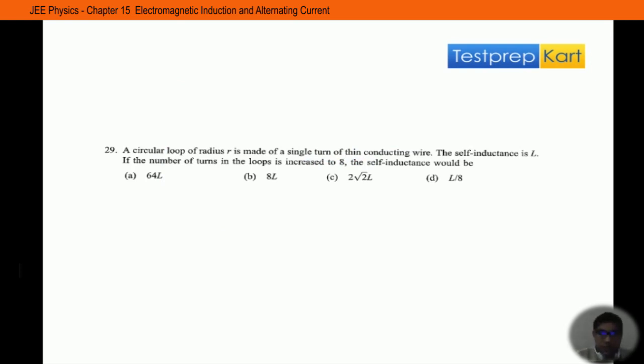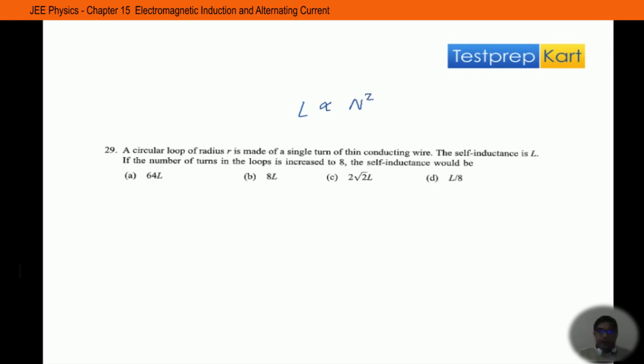Next is: a circular loop of radius r is made up of a single turn of thin conductor. The self-inductance is L. If the number of turns in the loop is increased to 8, then what would the self-inductance be? If we recall the previous question, question number 20 I think, where we calculated the expression for L, we found that L is proportional to N square.